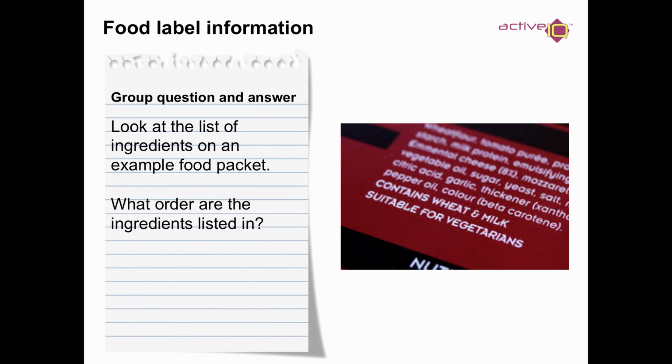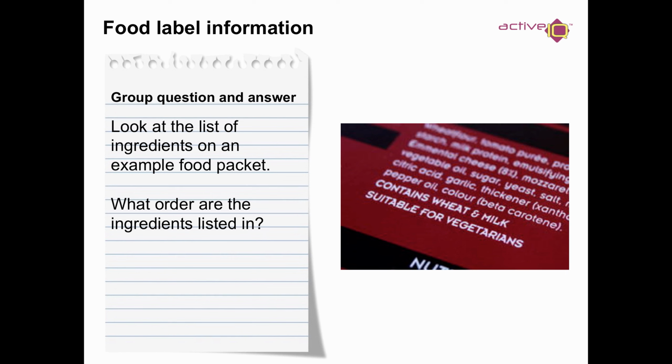What we're interested in normally is not the front of the packet, we're interested in what's on the back, and we have a food label to look at on the next slide. But look at the list of ingredients on a packet, and what order they come in.